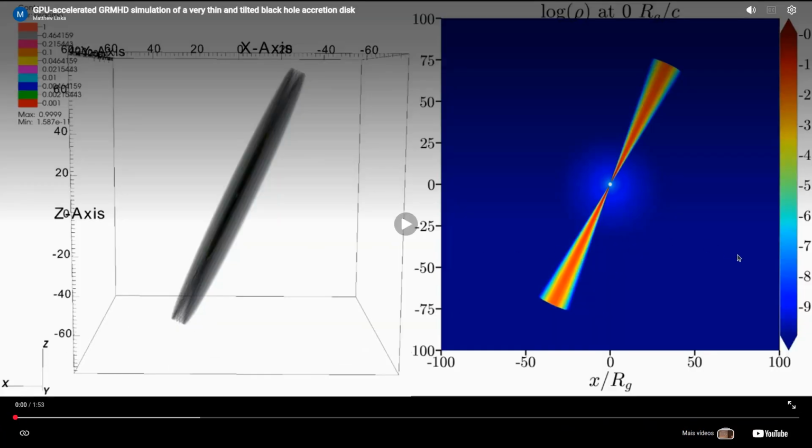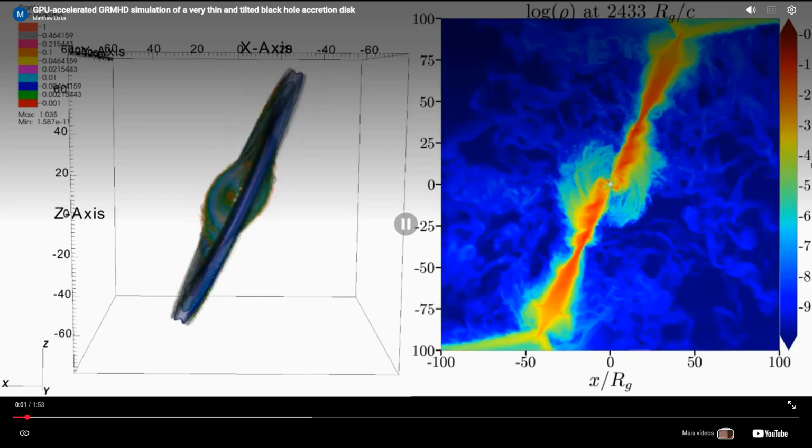So just bear this in mind, this is the 2D profile on the right, and this is the 3D scheme of the disk. Just bear in mind that we started with a disk like this. This is our initial condition for the simulation. And look what happens.